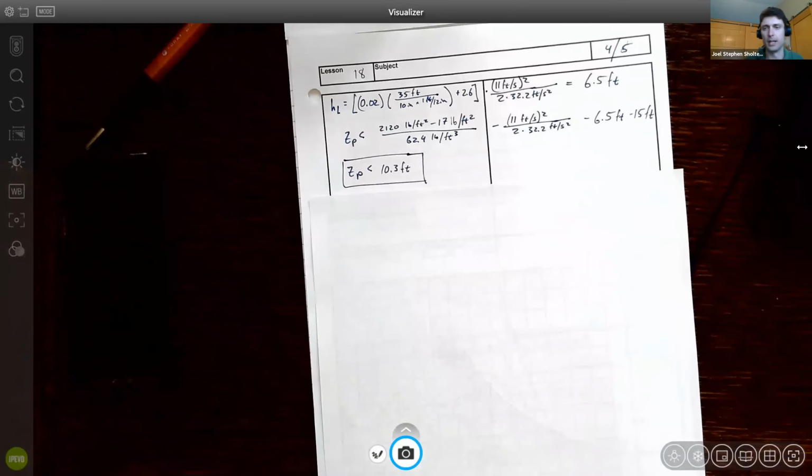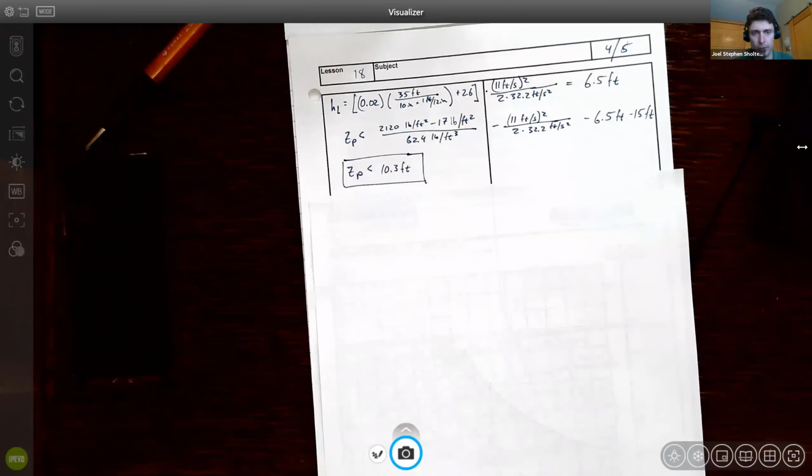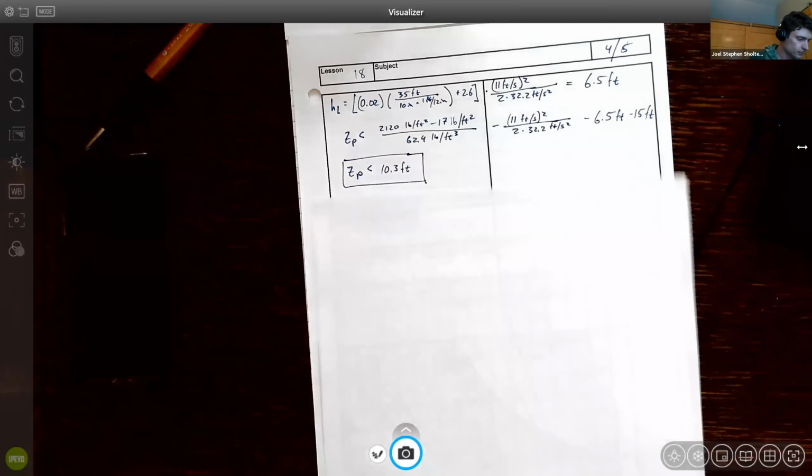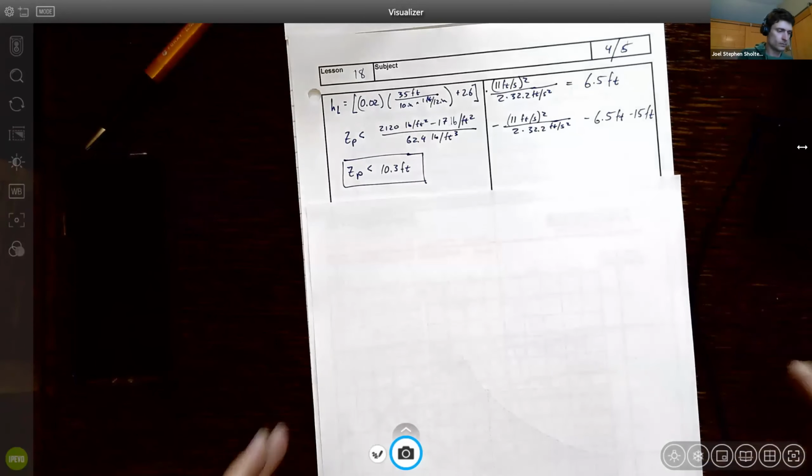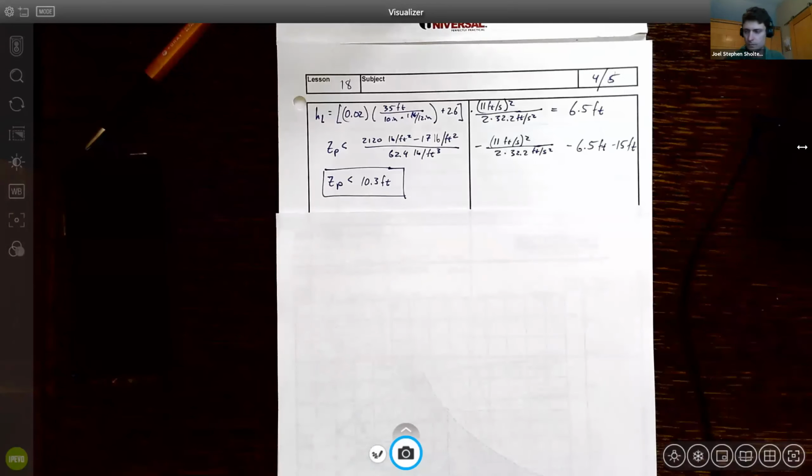So we end up with a Z pump of 10.3 feet. So that is net positive suction head in a nutshell.